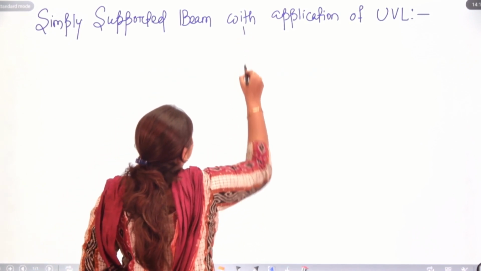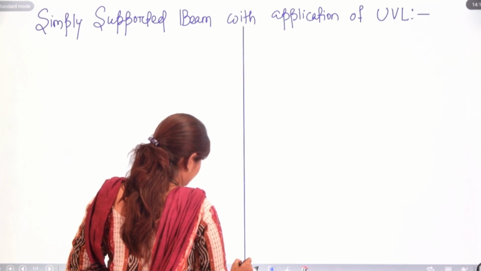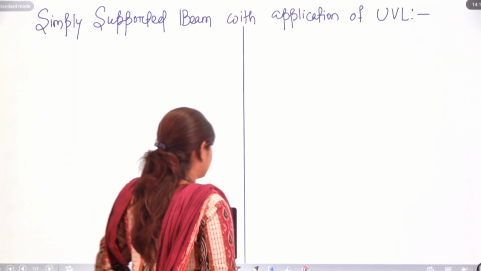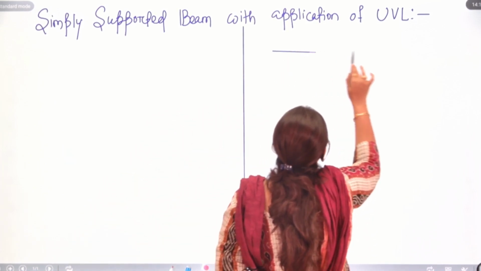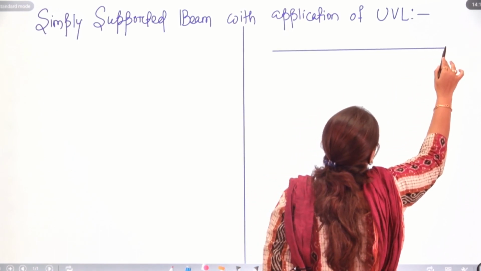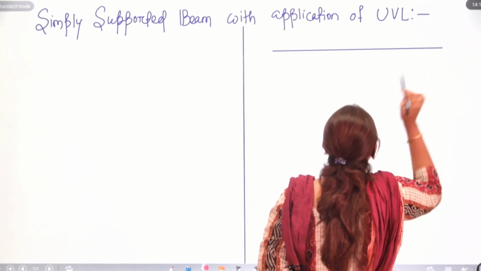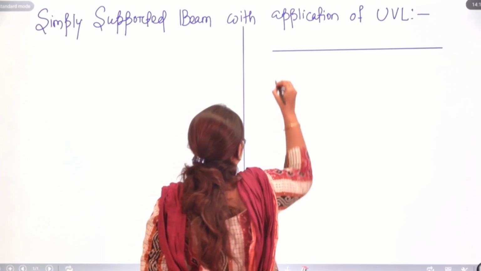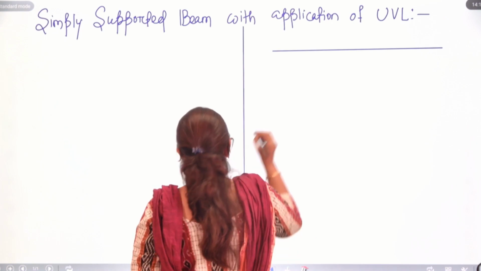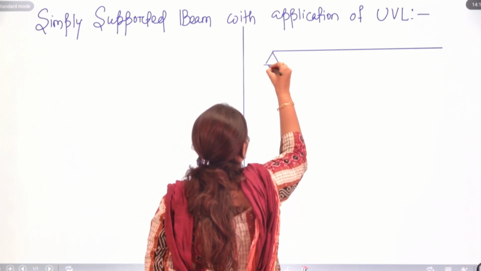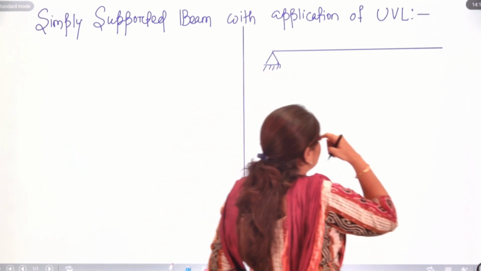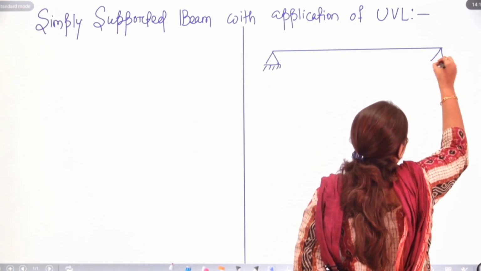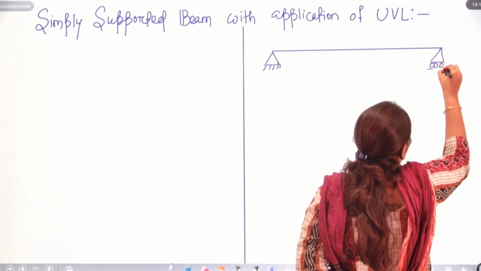So, first we need to draw the simply supported beam and let's apply UVL there. We know that in case of a simply supported beam, one end is your hinge support and another end is your roller support.